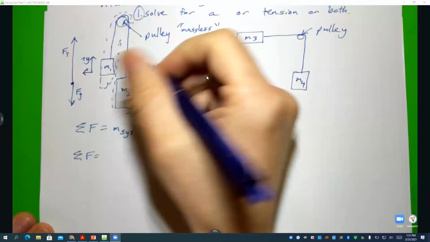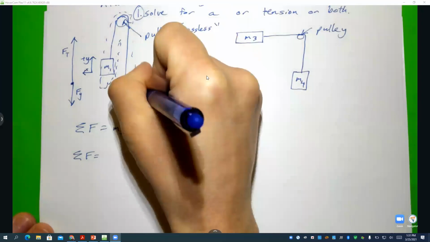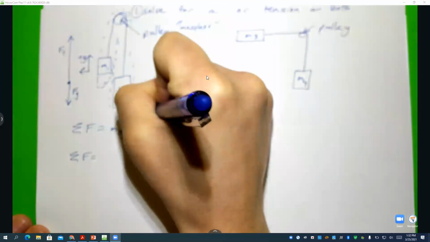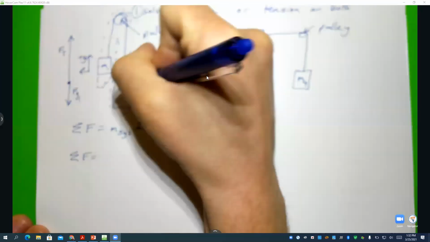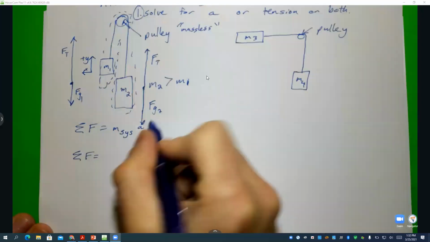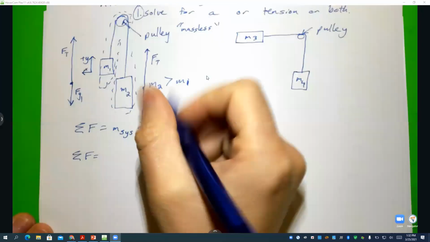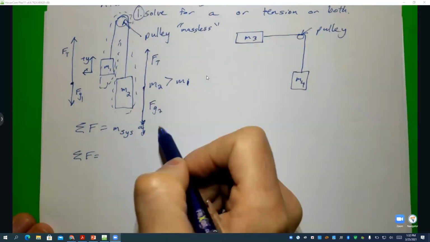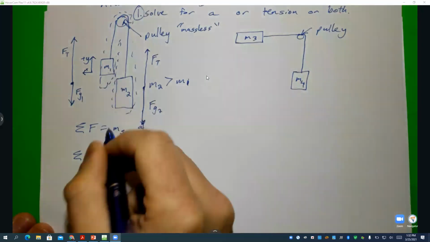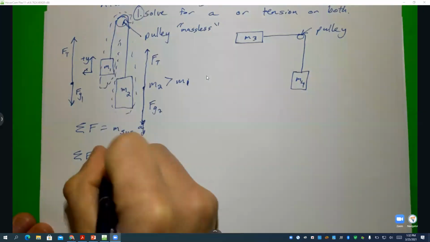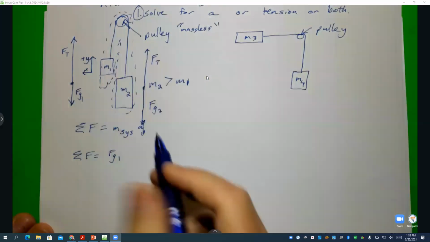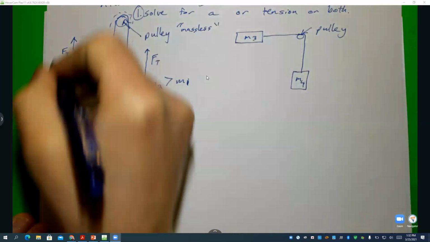And then on M2, you have FG2. I'll call this FG1 and this FG2. You have the force of tension, and you have a bigger FG2. It's got to be bigger than this for you to get an acceleration. So on object M1 in our system, we have FG1. It's in the negative direction because it's opposite the motion, plus the force of tension.